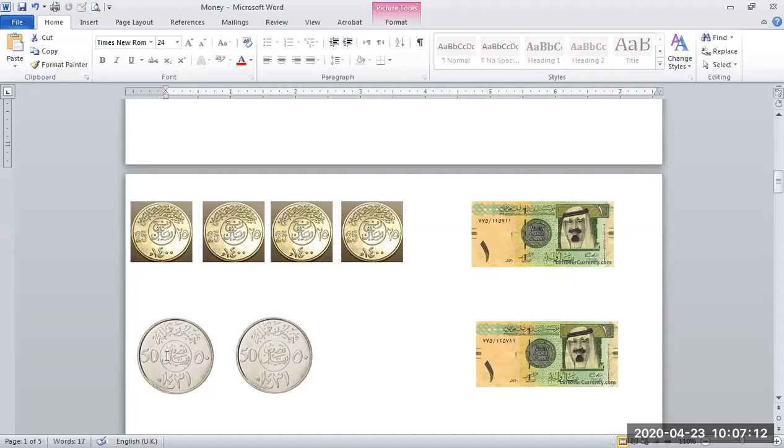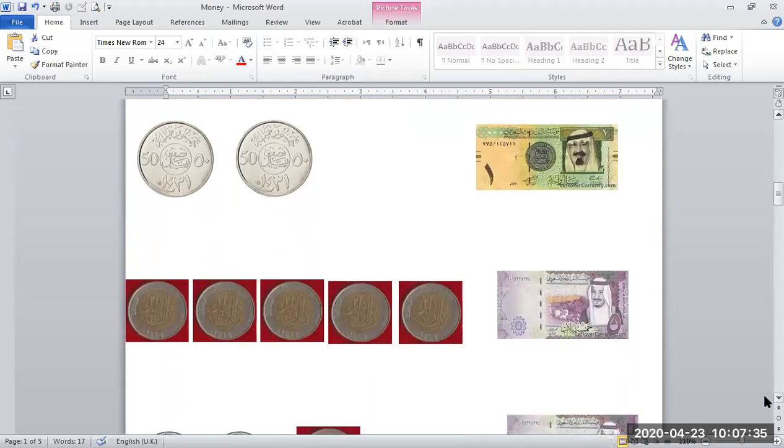Or we use these two coins of 50 halala, it is equal to 1 riyal. Today our topic is this. We make equivalents of different money to equal another paper money.